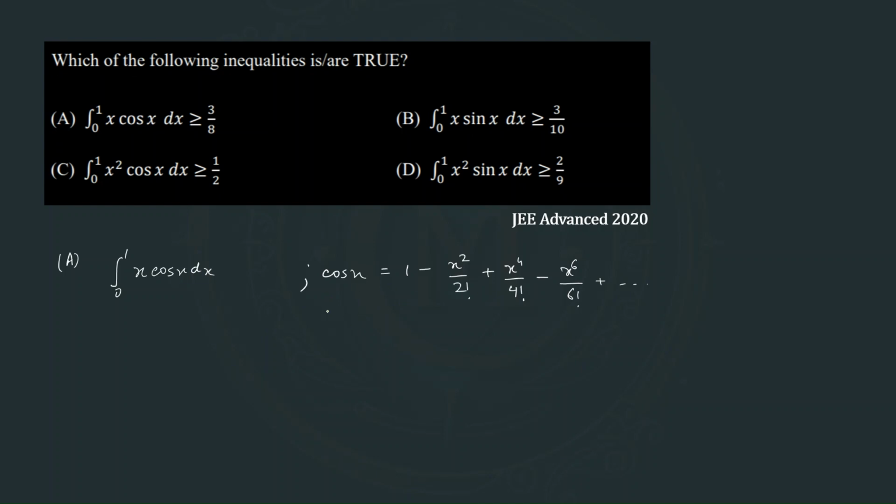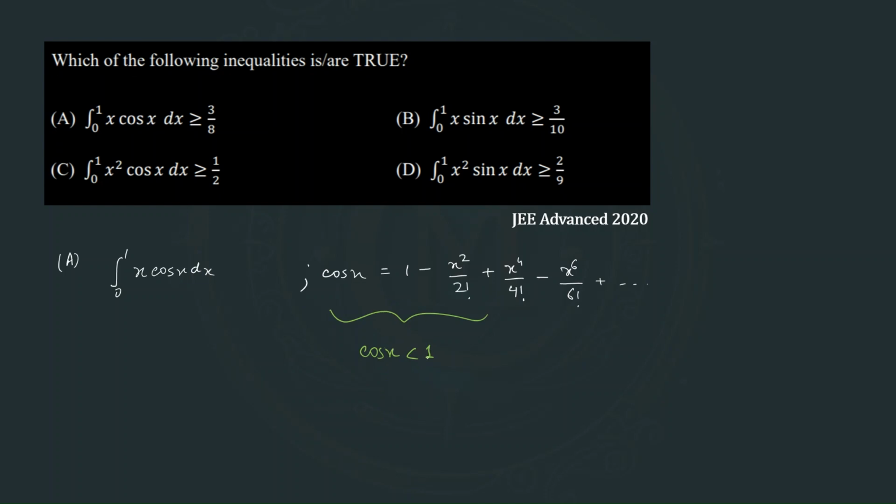From this expansion we can say that cos x should be less than 1, because some positive quantity here is being subtracted from 1, and definitely the magnitude of this is greater than this term and this term, because x square is greater than x to the power 4 if x belongs to 0 to 1.